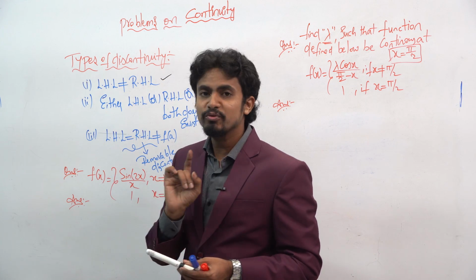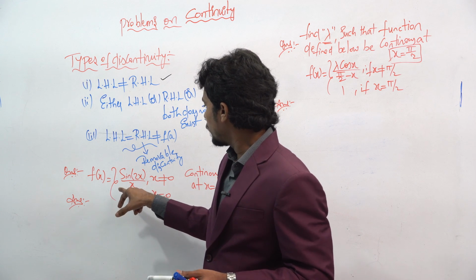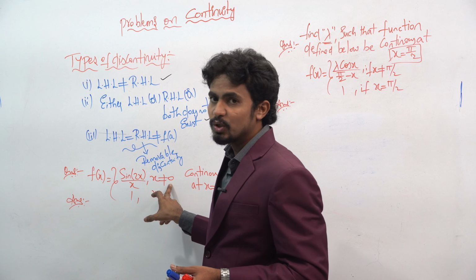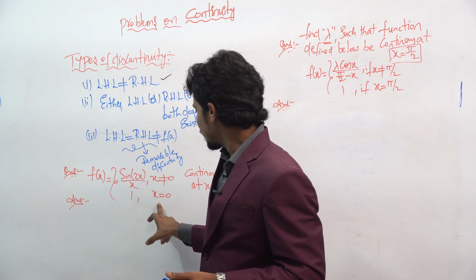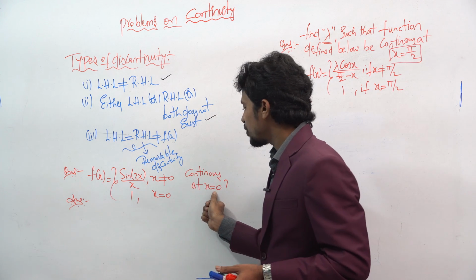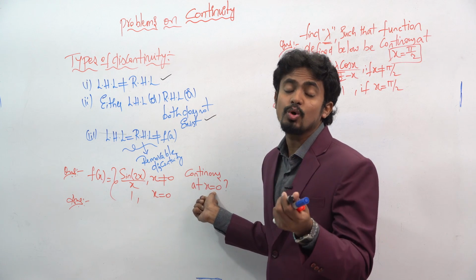The first question: f of x is equal to sin 2x divided by x if x is not equal to 0, and 1 for x equal to 0. We have to check whether it is continuous at x equal to 0 or not.